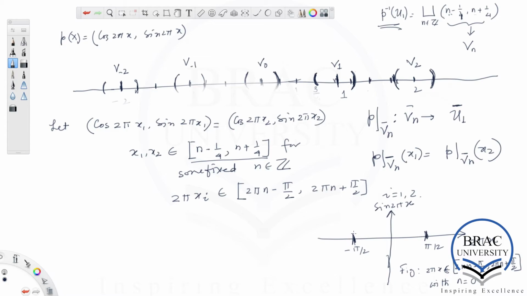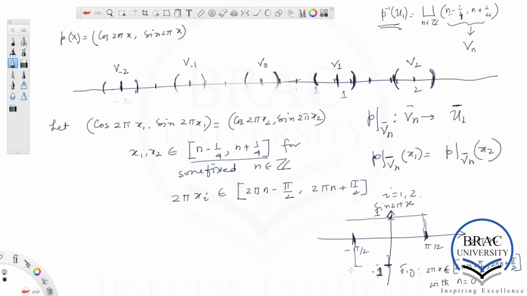In this closed interval, this is plus 1, this point, and this is minus 1. These are the two extremes, because it's a trigonometric function, sine 2 pi x goes from negative 1 to plus 1.